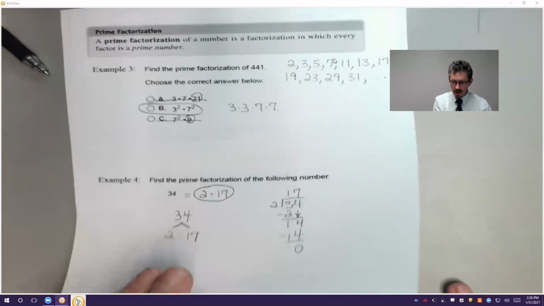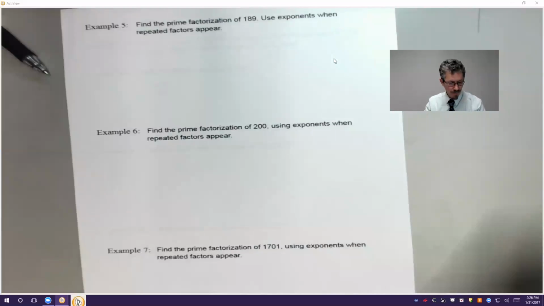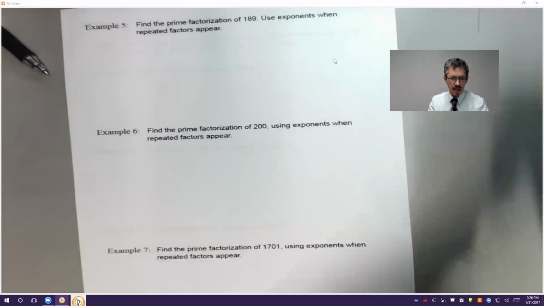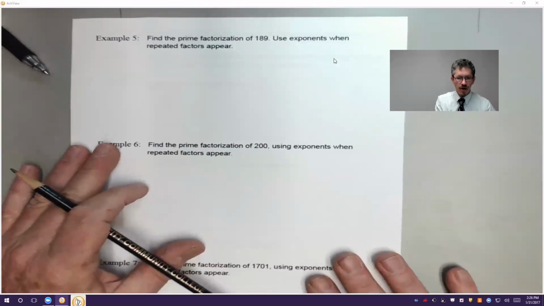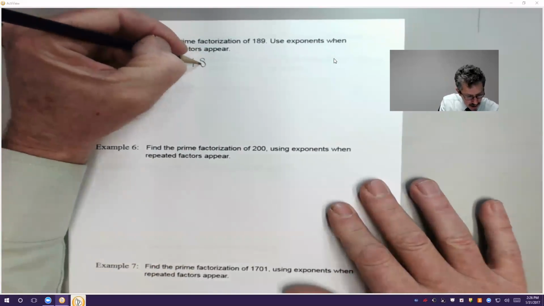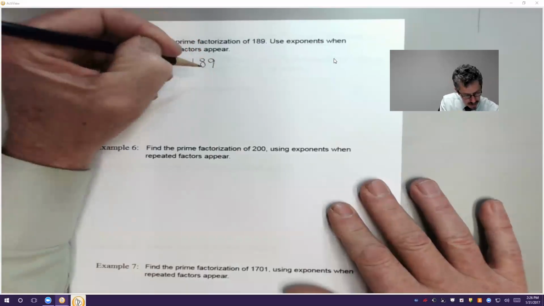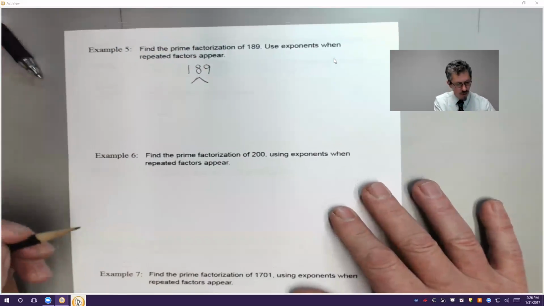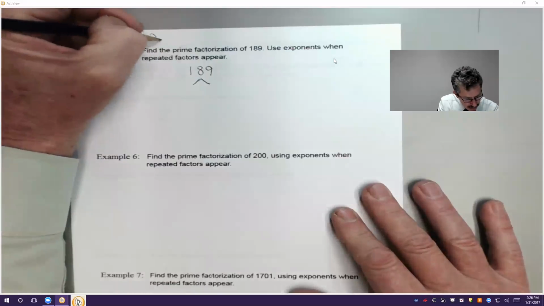Okay, let's look at some more examples. Of course, they like to give you more difficult problems, so bigger numbers, 189. Again, I'm going to do the prime factorization tree. Let me list these again.